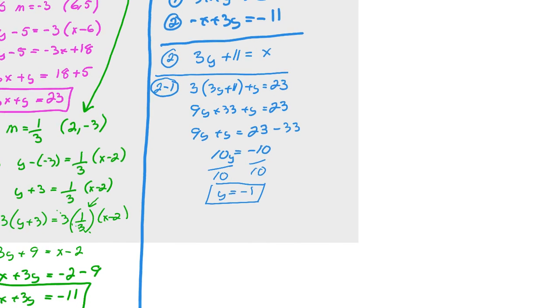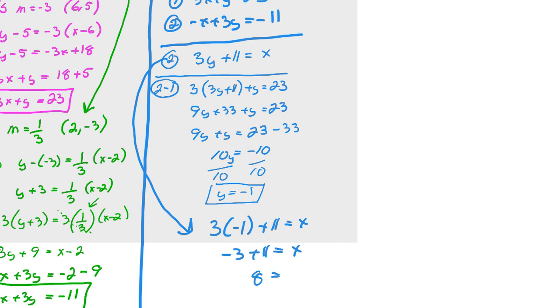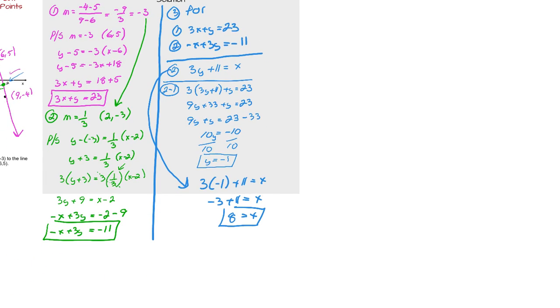I can use any equation I want to solve for x, but it's already isolated for me in equation number 2. So now it becomes 3 times y, which is negative 1, plus 11 equals x. Negative 3 plus 11, so 8 is x. So my POI is (8, -1).